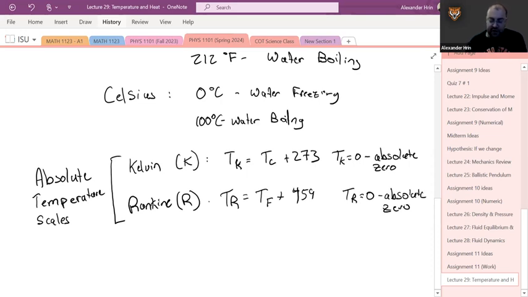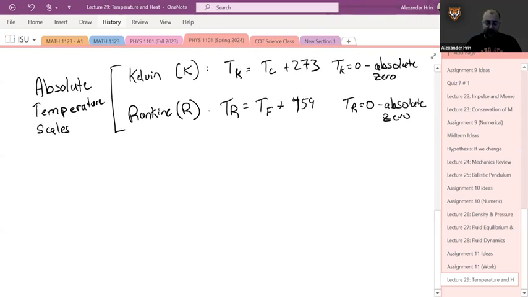Okay. So these are both scales that use the same degree increments. So if you go up by 10 degrees Celsius, you've also gone up by 10 degrees Kelvin. The difference there is just where the 0 point is. All right.